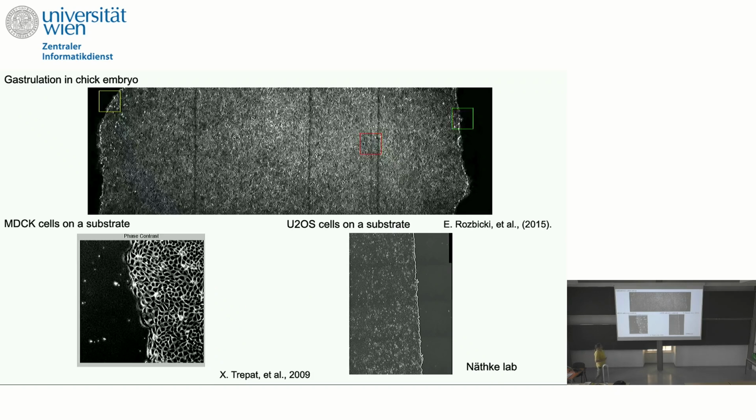Okay, so let me show you a few examples. What I'm showing you up here is in vivo imaging done in the lab of my colleague Sverre, using light sheet microscopy of a chicken embryo. So this is a chick embryo. The movie, which I'm going to show you in a second, starts after the egg is laid, which is of the order of 16 to 20 hours post fertilization.